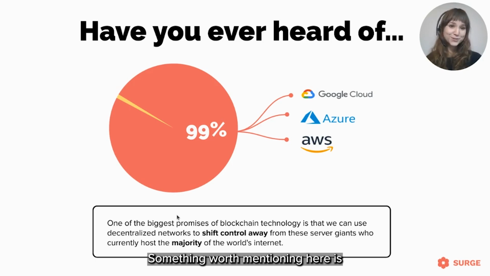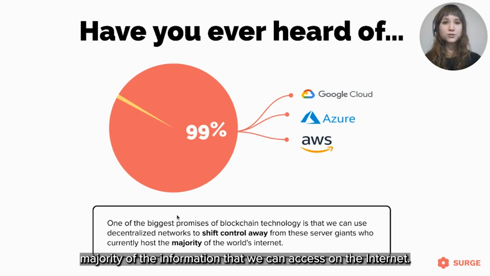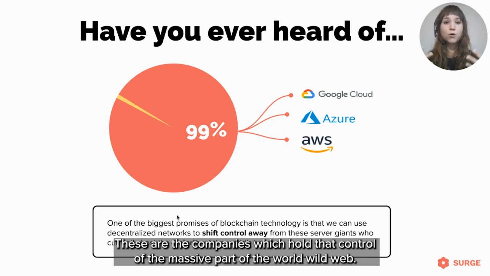Something worth mentioning here is that there are a couple of companies that are actually controlling the majority of the information that we can access on the internet. And I'm sure that you heard about Google Cloud, Azure, or for example, AWS. These are the companies which hold the control of a massive part of the World Wide Web.